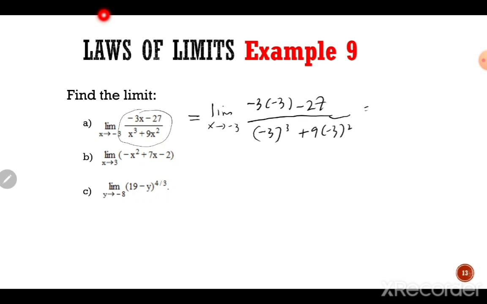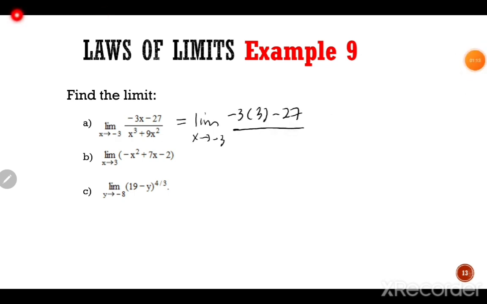Okay, you masukkan -3 darab -3, you will get 9 tolak 27 bahagi dengan -3 square is -27 tambah 9, -3 square. Okay, kita masukkan -3 square tambah 9 -3 square, betul?